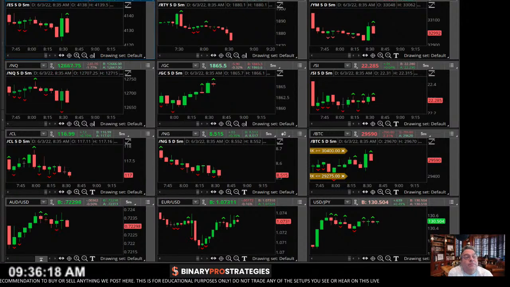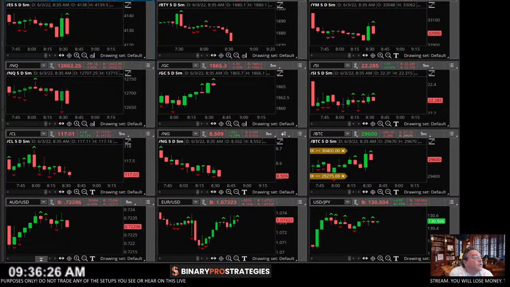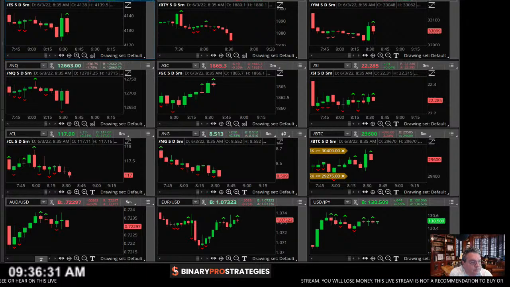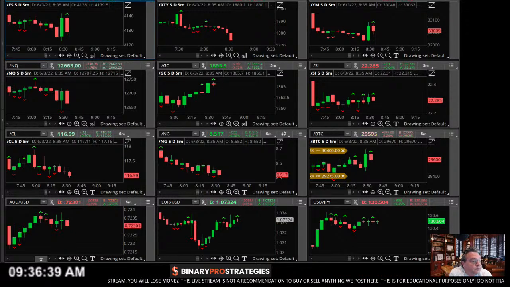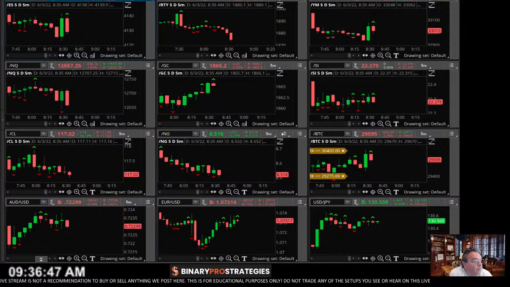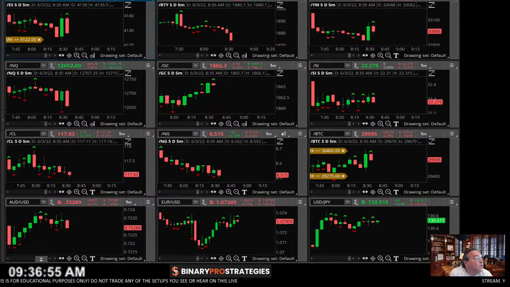Okay, getting an ES short, getting a short on ES, which is your E-mini S&P. Target on that is going to bring us down to 41.22. If we need to reverse, if we don't hit target, it's going to be 41.41.